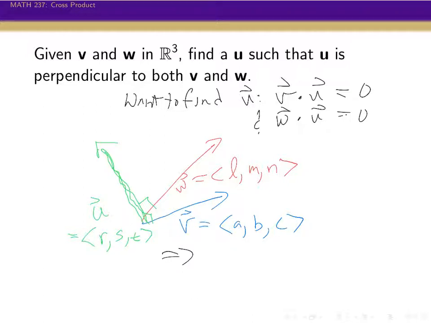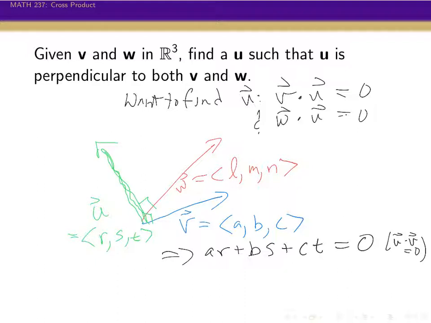So dot product of v and u, v is abc, u is rst, so their dot product is going to be ar plus bs plus ct. Set that equal to 0. And so this is coming from u dot v equaling 0.